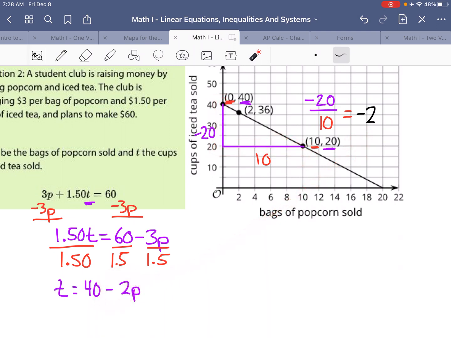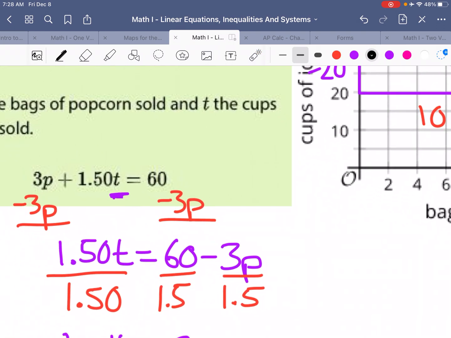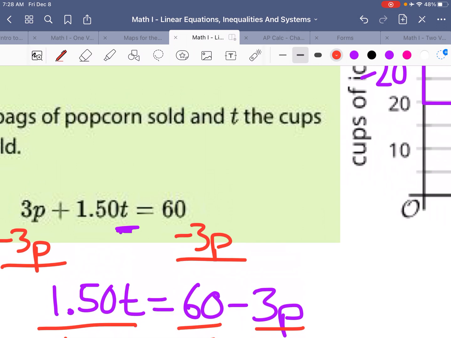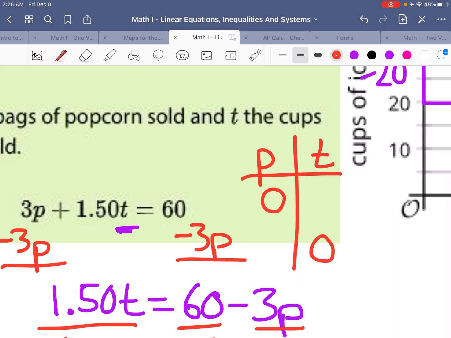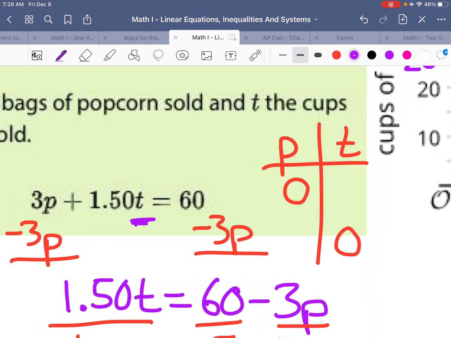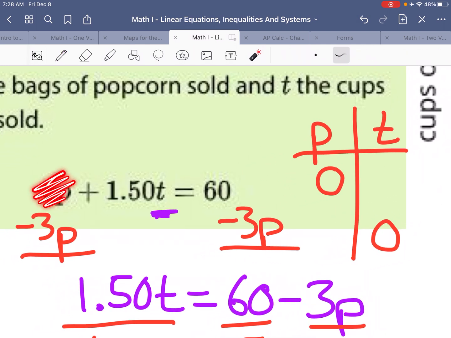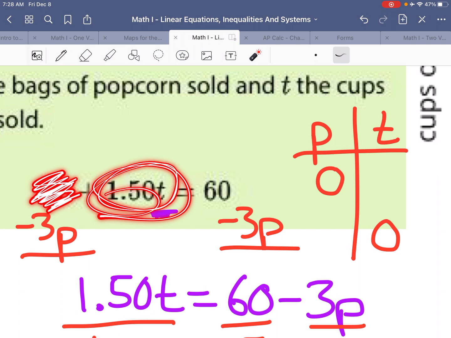So that's one way. The other way that we could also do this is we could ask ourselves, well, what would happen in a situation where we sold no popcorn or no tea? So if I sold 0 popcorn or 0 tea. If I don't sell any popcorn at all, P is 0, what would T have to be to get up to 60?